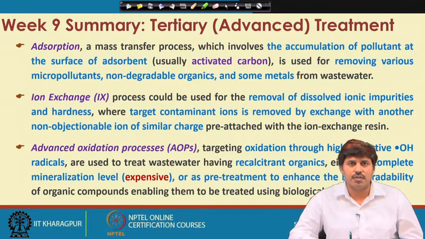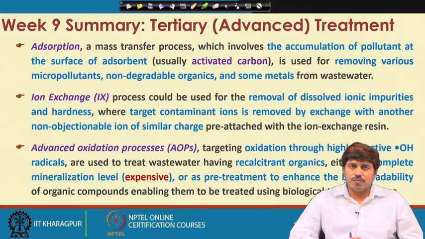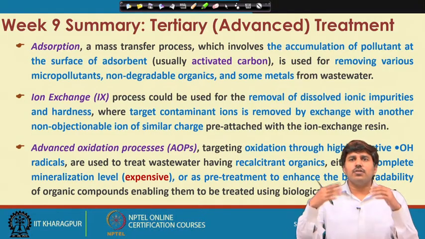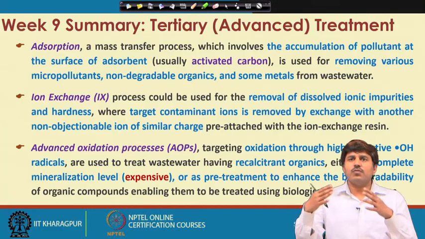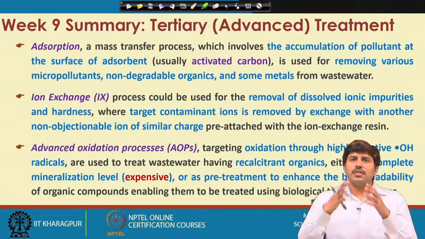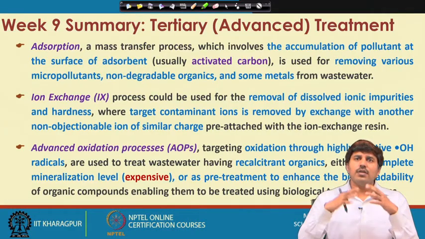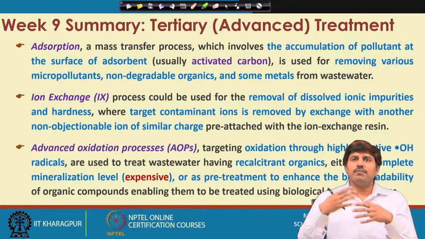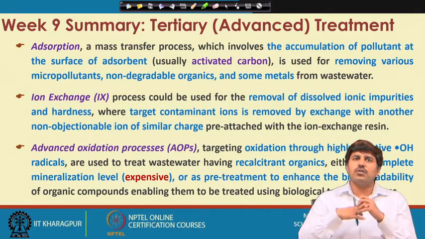Then there are advanced oxidation processes, which are normally called AOPs, which target oxidation through highly reactive OH radicals. They are used to treat wastewater having recalcitrant organics, and they can be used to treat water to a complete mineralization level, but that is quite expensive because we have to ensure full, complete oxidation of the compounds, and for that, the level of OH radical production and supply has to be ensured.